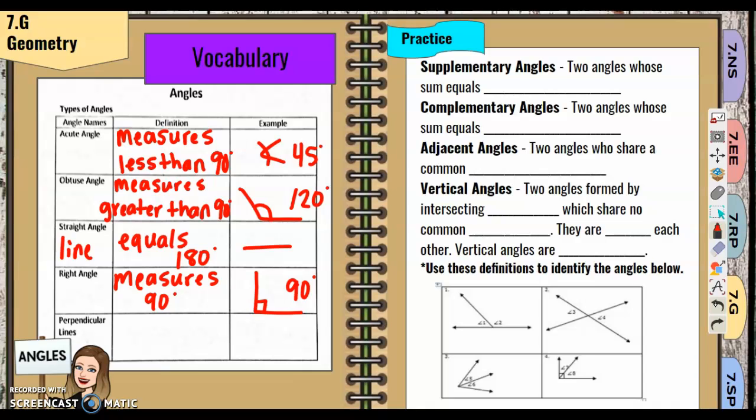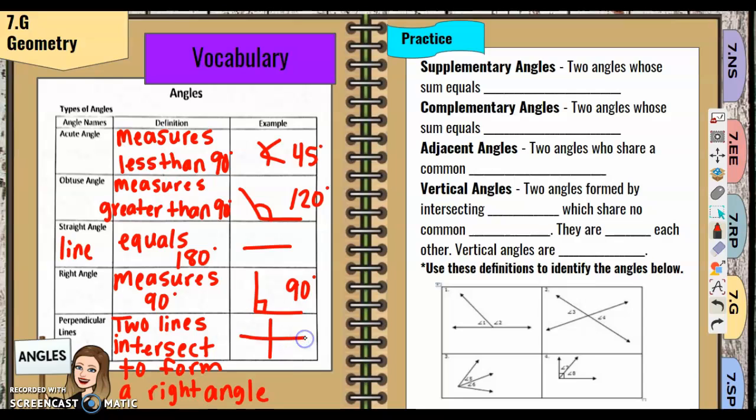And then perpendicular lines, those are two lines that intersect to form a right angle. So it will look like a plus sign.